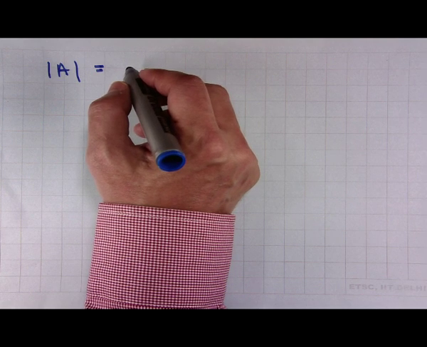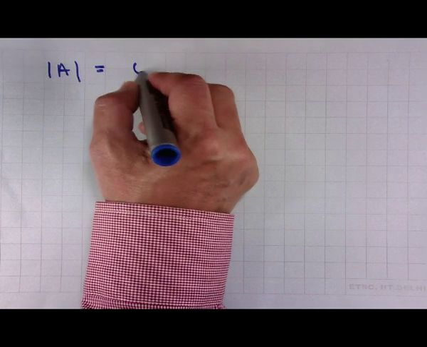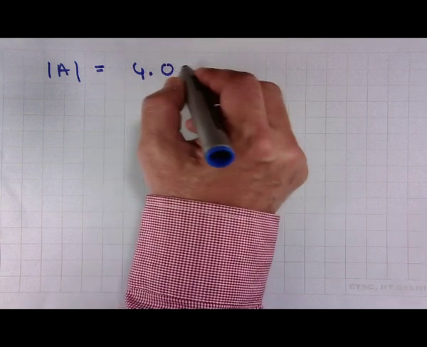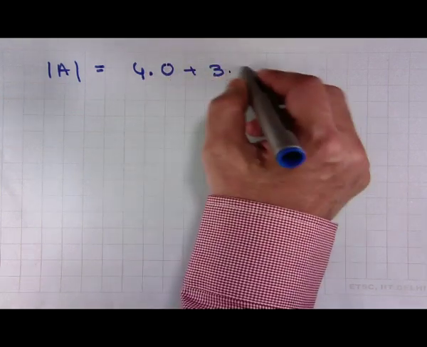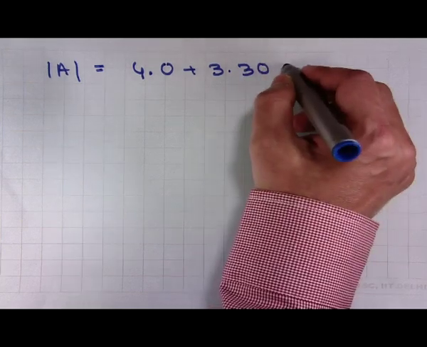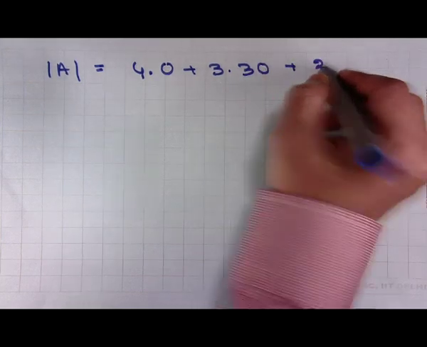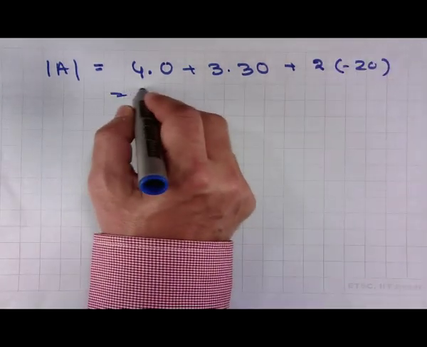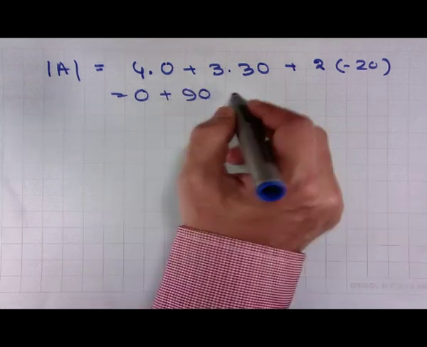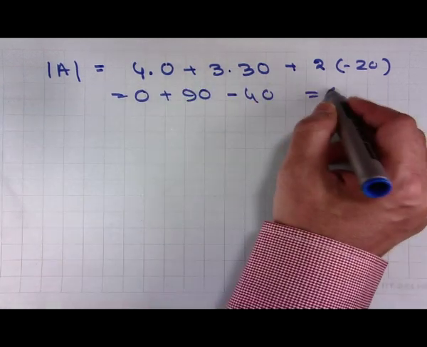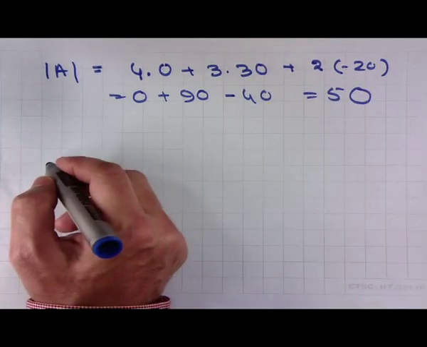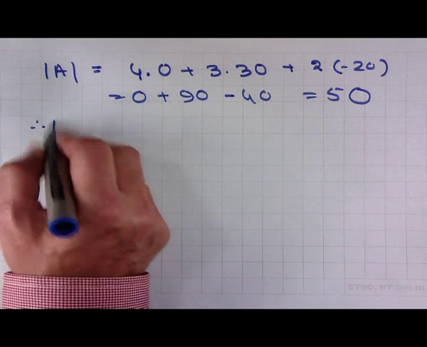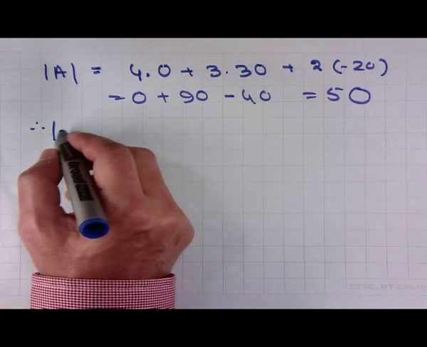Therefore, we get 4 into 0 plus 3 into 30 plus 2 into minus 20, which is 0 plus 90 minus 40, equal to 50, which is non-zero. Therefore, division by 50 makes sense.